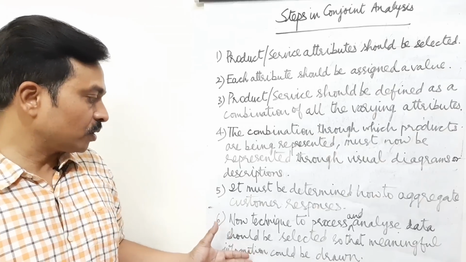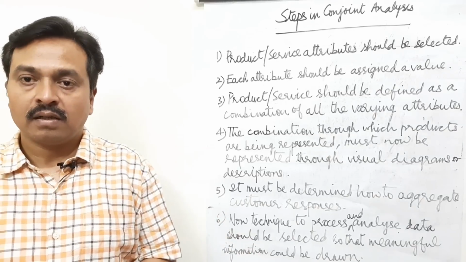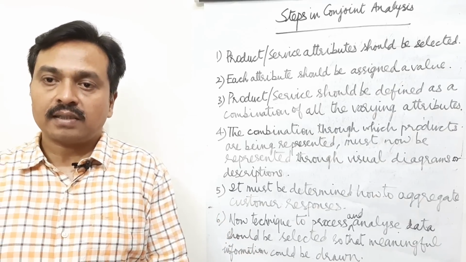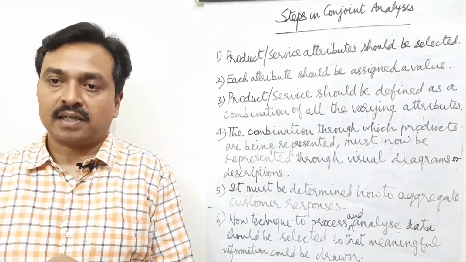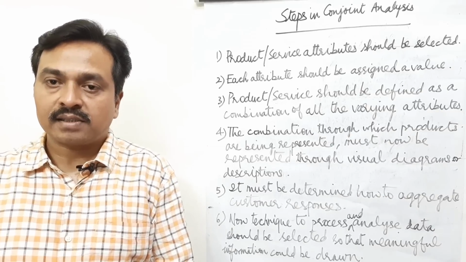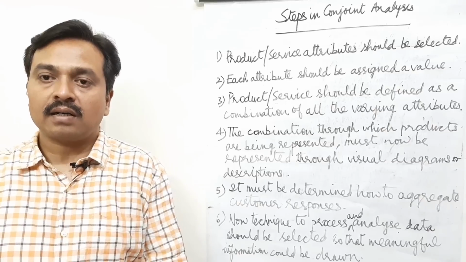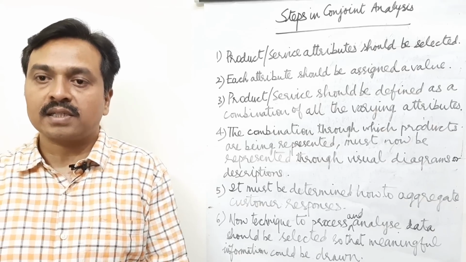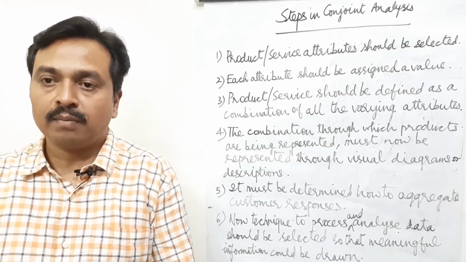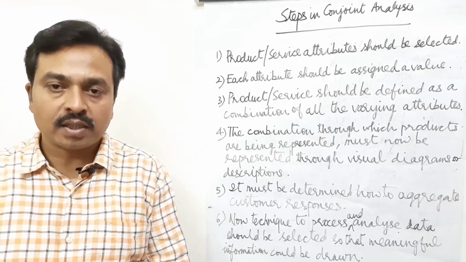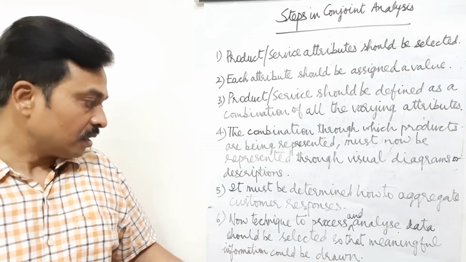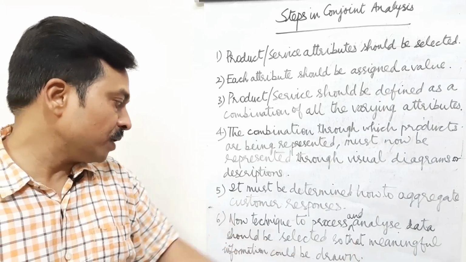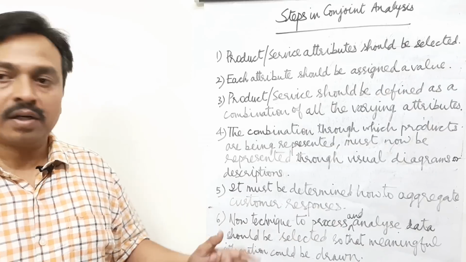Now let us come on to the final step: how decision makers at this stage should select the technique. Actually, at this stage, the decision makers are faced with the step of selecting the technique they will be employing to process, organize and analyze the data so that meaningful information could be drawn.